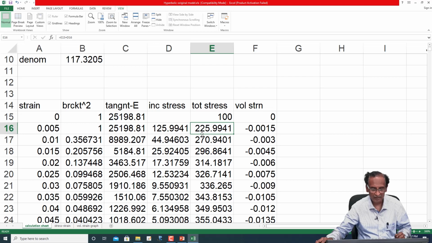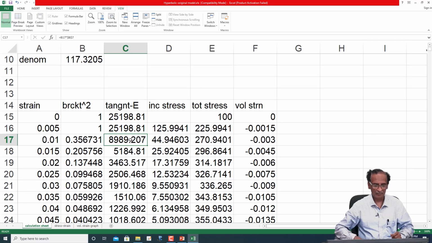And you see here your tangent modulus, initial modulus is 25,198, and then it is gradually reducing as your strain is increasing and your stress is increasing.